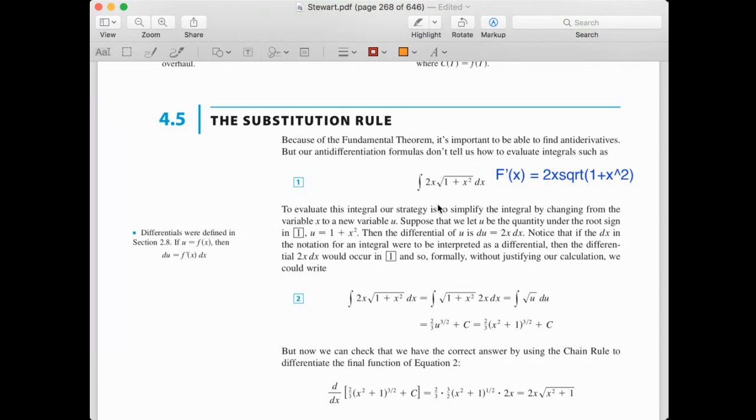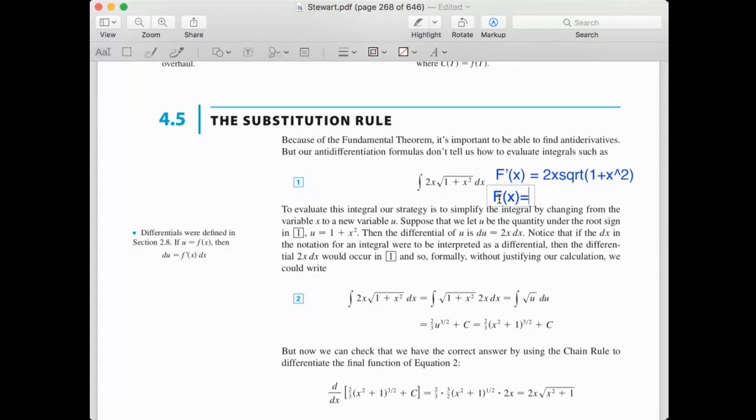And we have 2x, it's not simple. We cannot apply the power rule for the antiderivative. So what do we do? How do we find f of x? One way we could is make a guess. I can think, whose derivative is that?